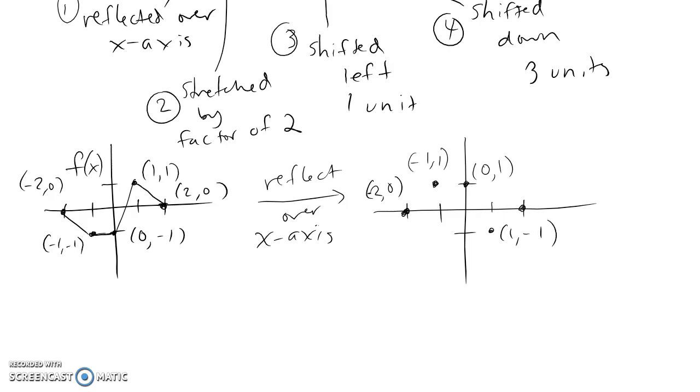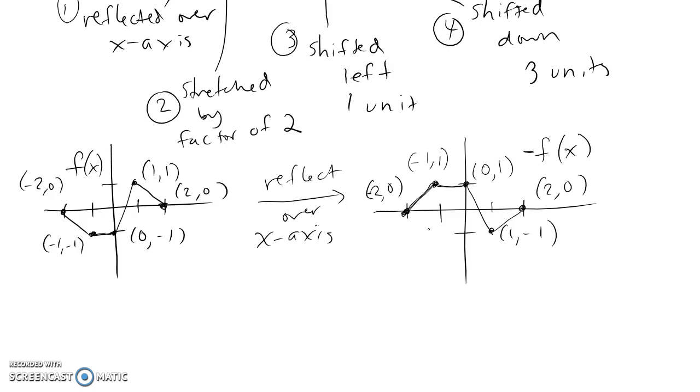And 2, 0, because the opposite of 0 is still just 0, will stay the same. So now we can see that our function looks very similar, except that it's been flipped over. So this function we could call minus f of x.